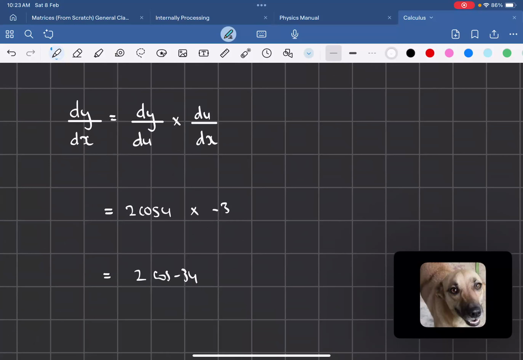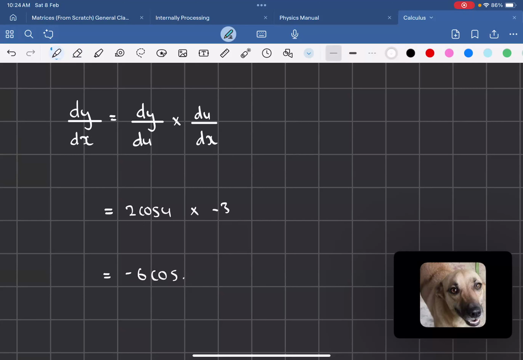Is it right for me to say that? Yeah, I think so. No. We're multiplying this whole thing by minus 3. So what should it be? It will be minus 3 times 2 cos u, which is minus 6 cos u.